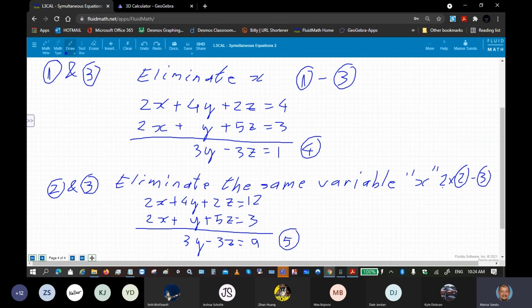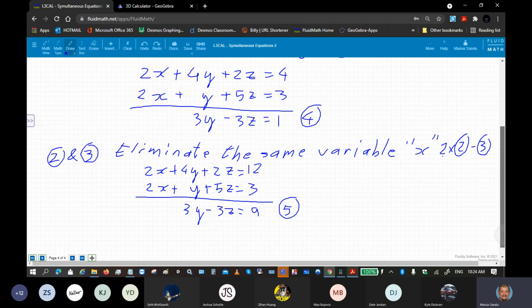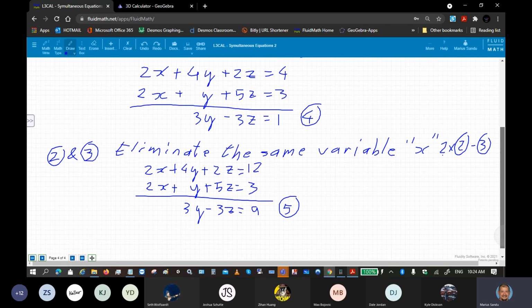Now, if I look at 4 and 5, they've got the same coefficients, proportional, times 1, for y and z, but different constant terms.